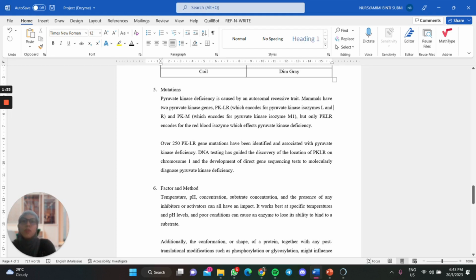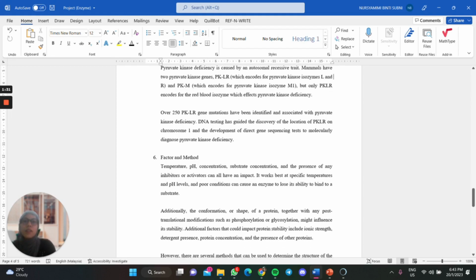Over 250 PKLR gene mutations have been identified as associated with pyruvate kinase deficiency. DNA testing has led to the discovery of the location of PKLR on chromosome 1 and the development of direct gene sequencing tests to molecularly diagnose pyruvate kinase deficiency.